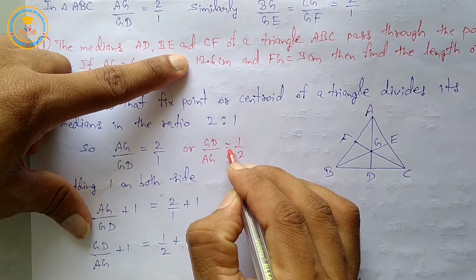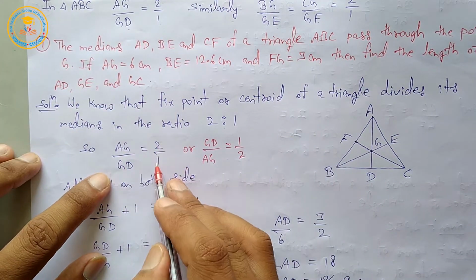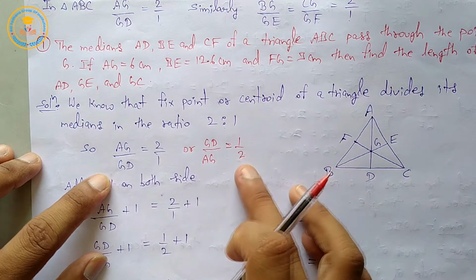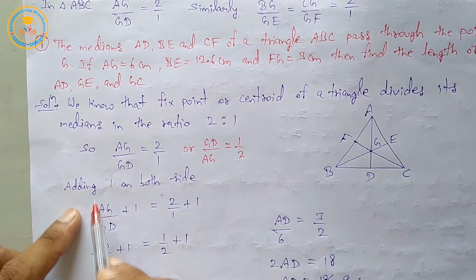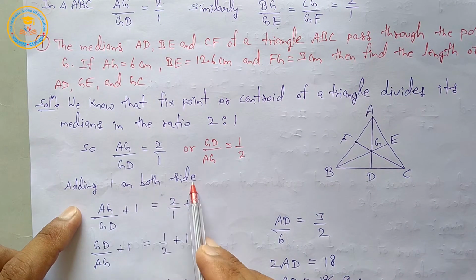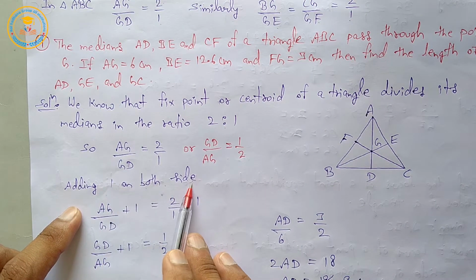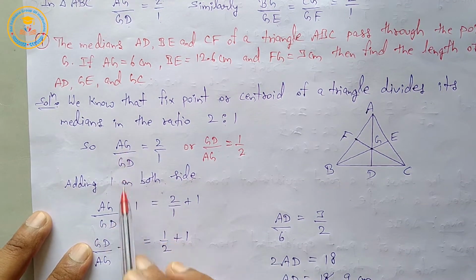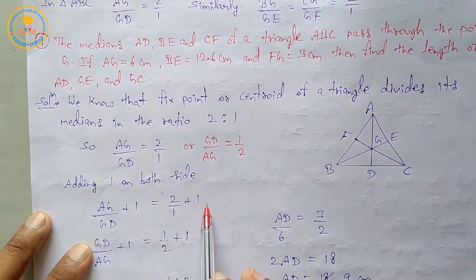Okay. Now, next step, taking LCM. LCM is AG, so AG cancels out GD. AG multiplied by 1, AG equals, on the right-hand side LCM is 2. Upper part 1 + 2.